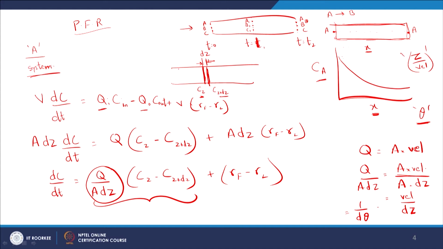So, I guess I will do this over in the next page. So, what did we have here? So, dc by dt is equal to q by A dz, concentration at inlet minus concentration at outlet plus rate of formation minus rate of loss, right.